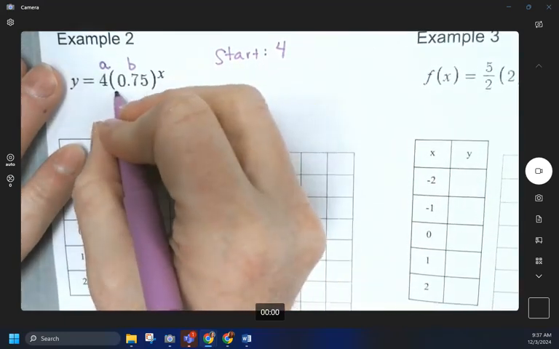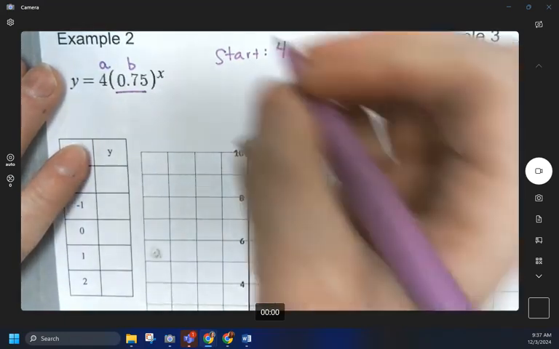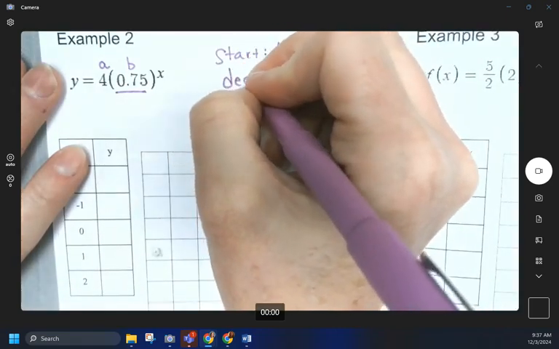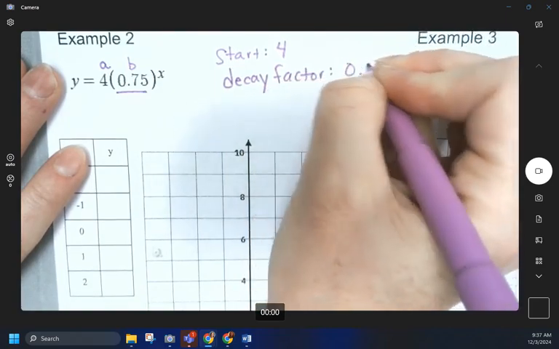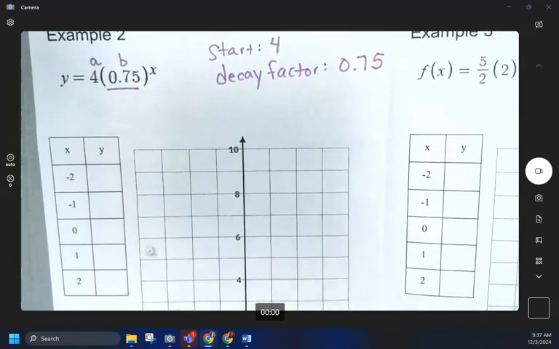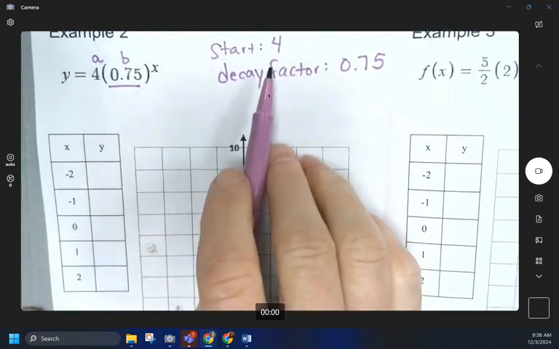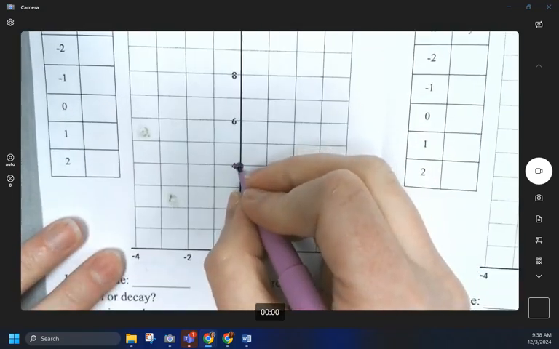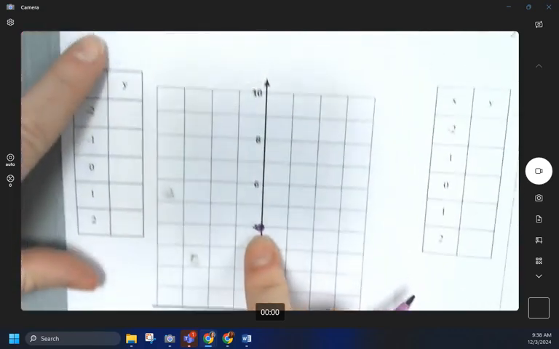Then we look at B. Is it going to grow or decay? Decay, yep. Decay factor is 0.75. So it's going to get smaller a little bit at a time. So one thing we can go ahead and graph, we know for sure, is our y-intercept of 4. Put your y-intercept of 4 because that's our A value.